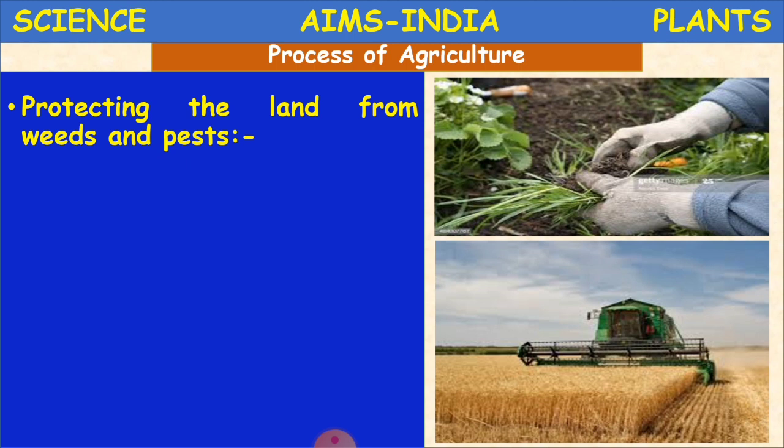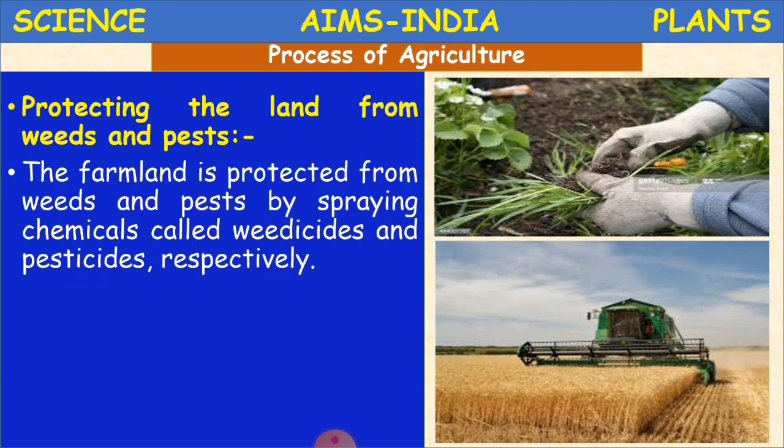And what are pests, children? Pests are small insects which attack the crop and damage it. Those are called pests. The farmland is protected from weeds and pests by spraying chemicals called weedicides and pesticides respectively.